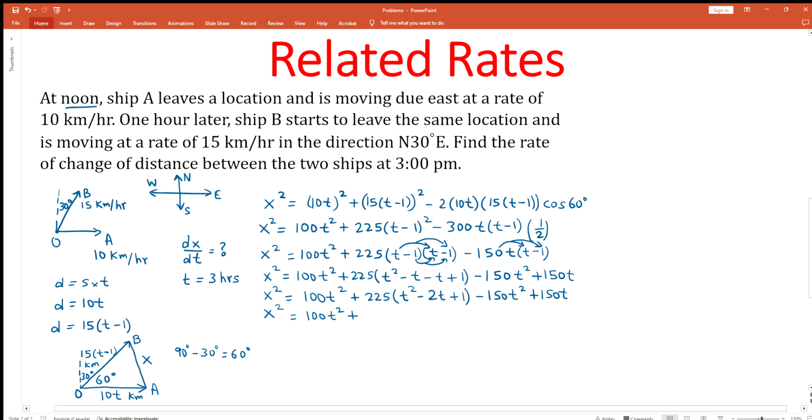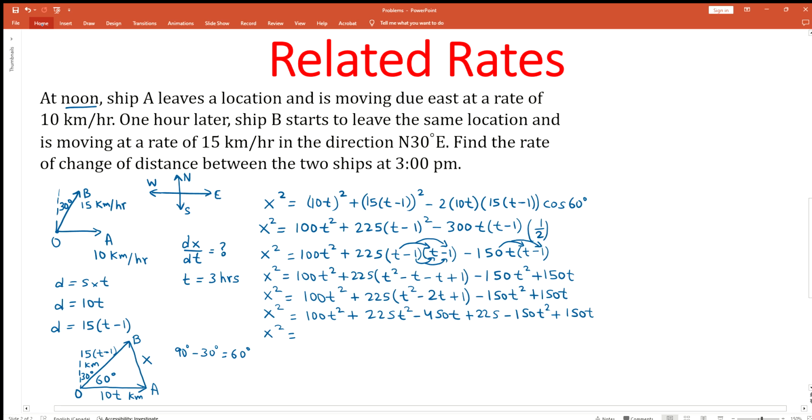Next, we can distribute 225 into the parentheses. Next, we can combine like terms.